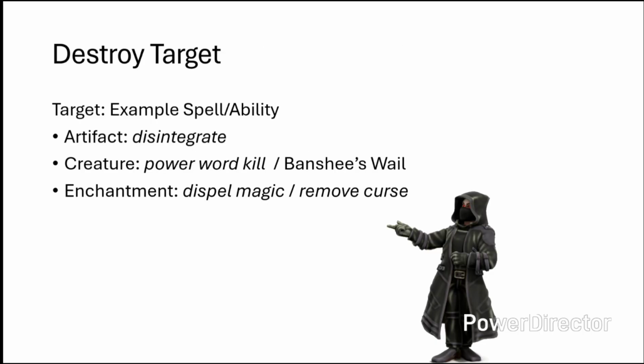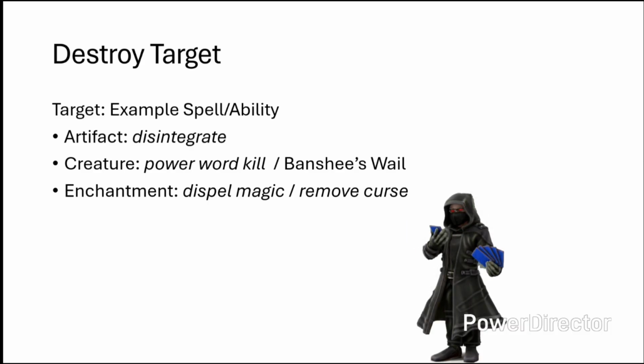Next is the destroy target. This one was definitely an interesting one, and it actually confused me a little bit in the original video, but I think I am going to keep most of it the same. If you're destroying an artifact, spells like Disintegrate are your best bet. Destroying a creature, Power Word Kill or the Banshee's Wail are adequate examples.